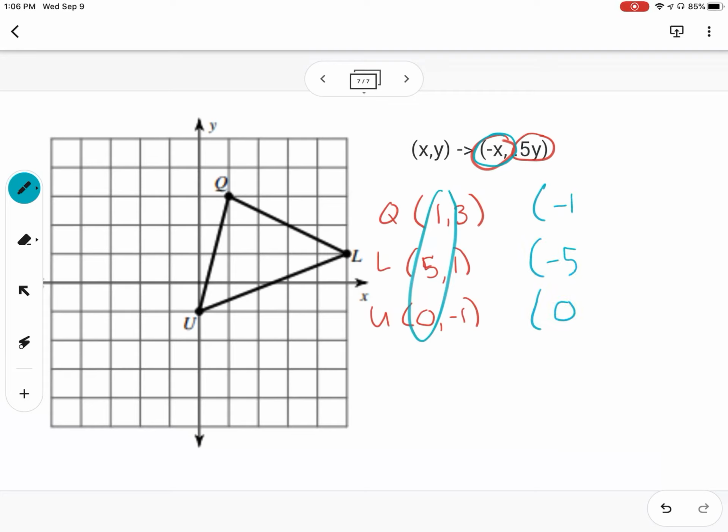Negative 1, negative 5, and again 0 can't change. Now I'm going to take my y's times 0.5. 3 times 0.5 is 1.5. 1 times 0.5 is 0.5. And negative 1 times 0.5 would be negative 0.5. So negative 1, 1.5. Negative 5, 0.5. And 0, negative 0.5. And there we go.